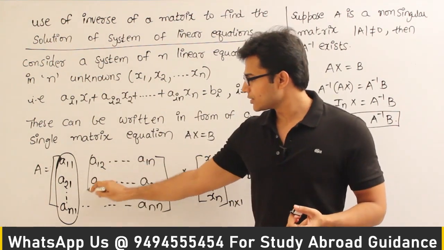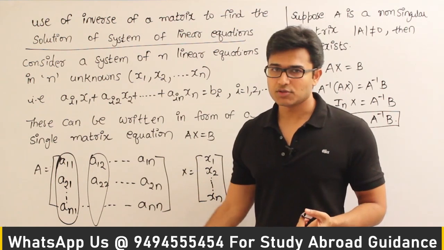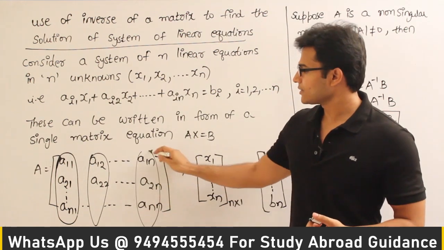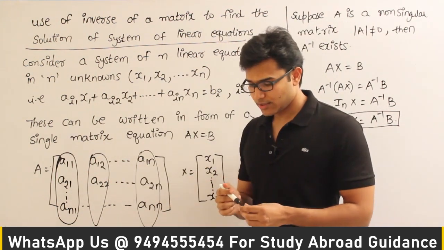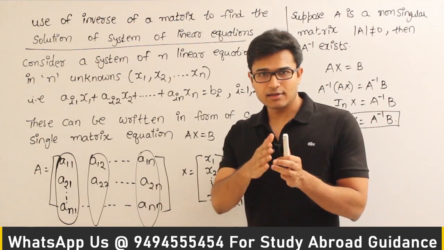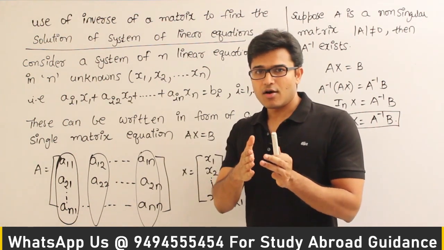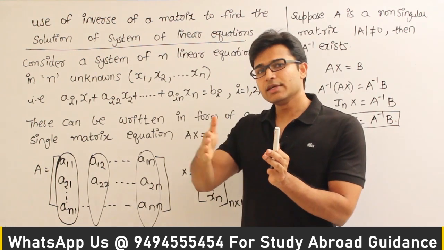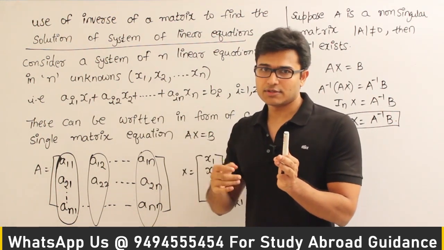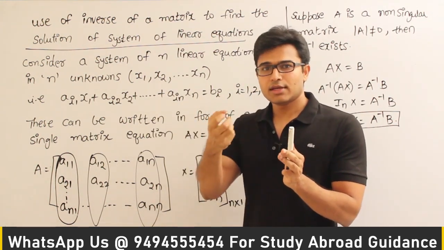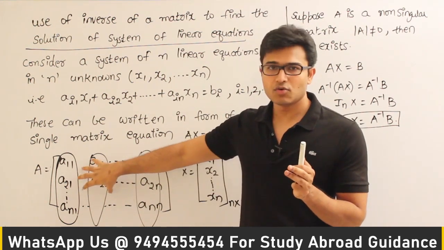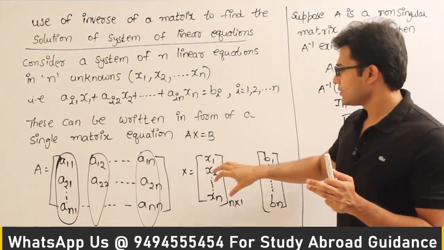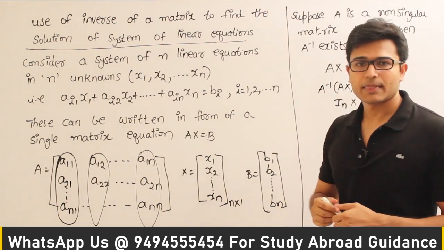Similarly, the next column corresponds to x2, and the last to xn. So whenever equations are given, write them in such a way that all the variables are in the same order in all the equations. Then extract the coefficients, put them in the coefficient matrix, and write them this way.